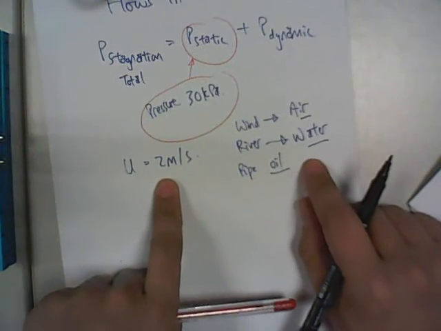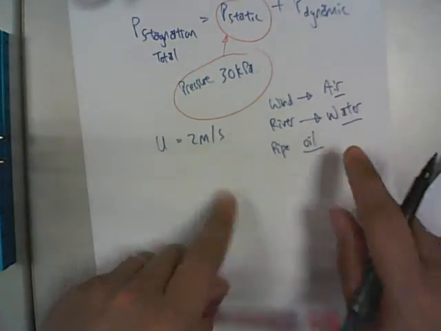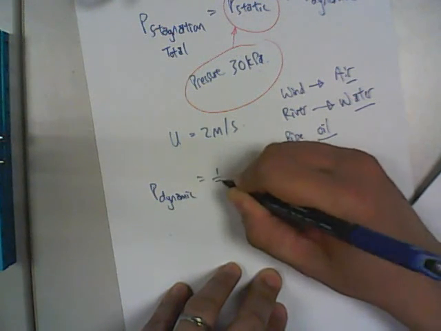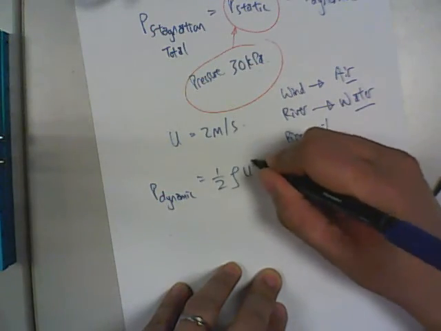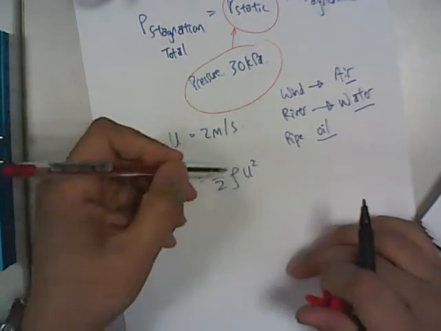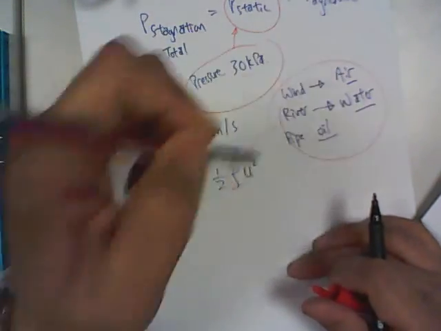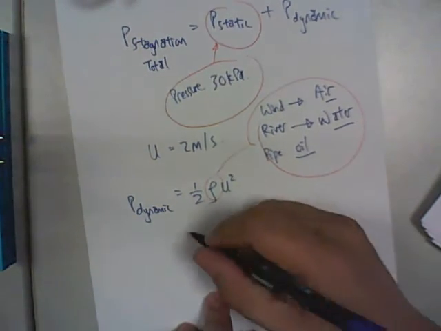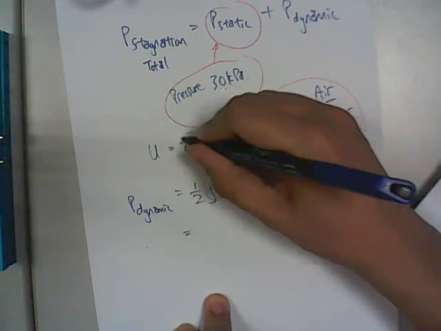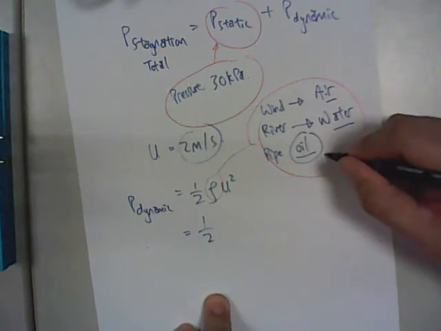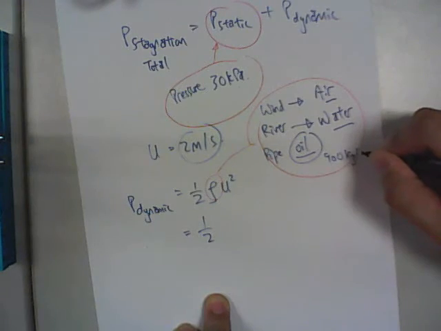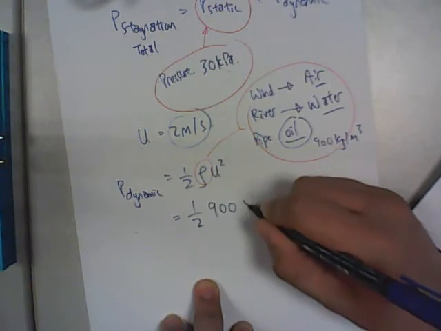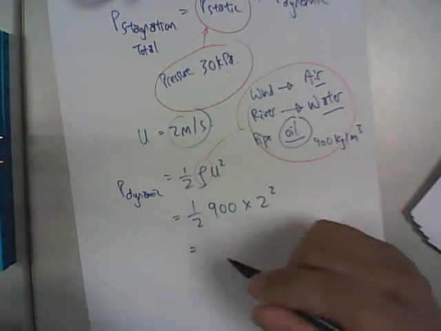These two affect your dynamic pressure, because dynamic pressure is half density times speed squared. The density is the density of the flow, whatever fluid it is. For example, if I'm talking about oil at 2 meters per second, oil has 900 kilograms per meter cubed. So the dynamic pressure will be half times 900 times 2 squared.